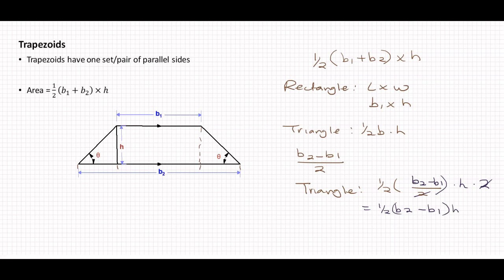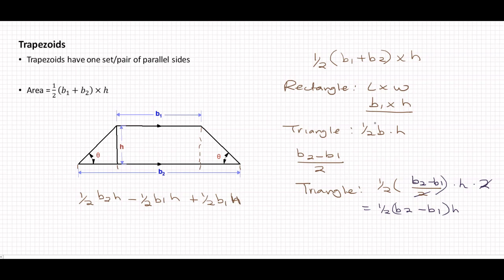Now, what are we going to do next? We're going to add this area and this area together. So we have 1/2 B2H minus 1/2 B1H plus 1/2 B1H.